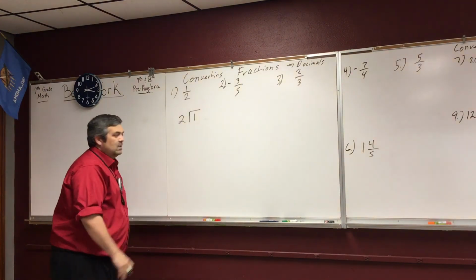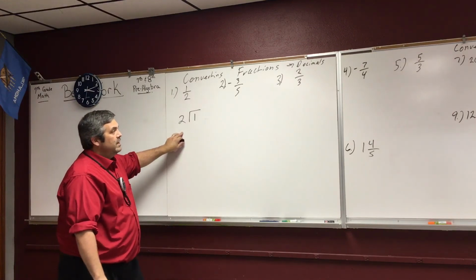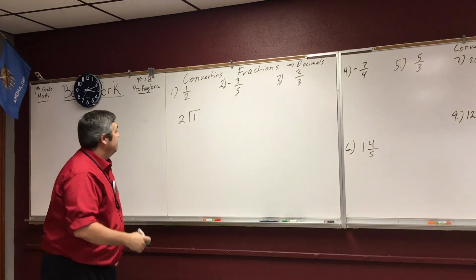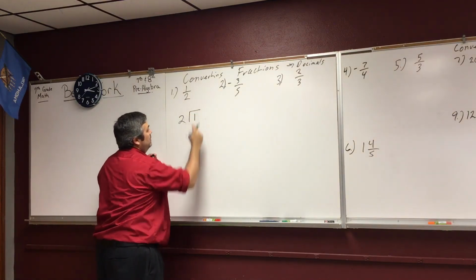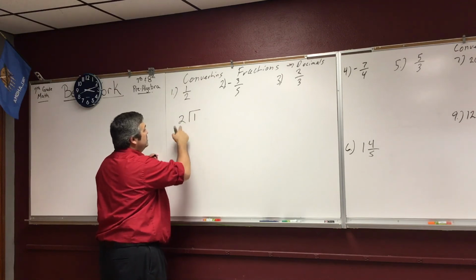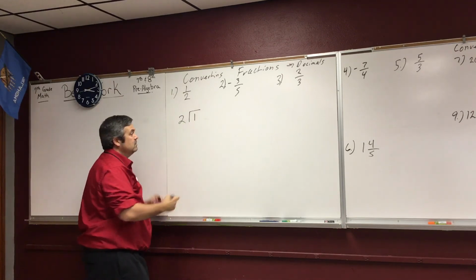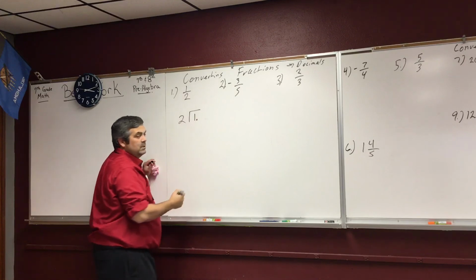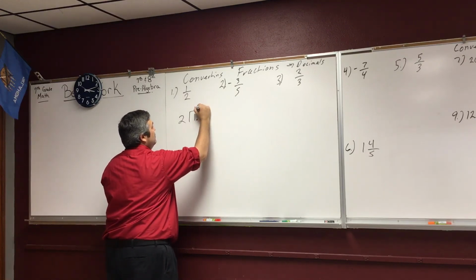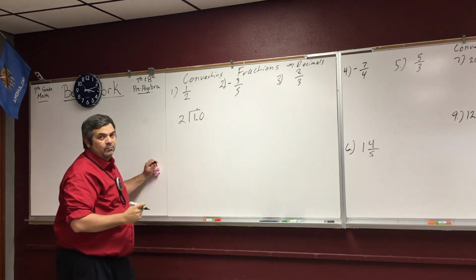But for those of us that want to do it the long way, I'm going to show you this way. And then for the rest of these, I'm going to be using a calculator to make it easy on us, okay? So 1 divided by 2. Well, 2 doesn't go into 1, so what we have to do is put our little decimal right there, add a 0, and bring this decimal right up here, right where it is.